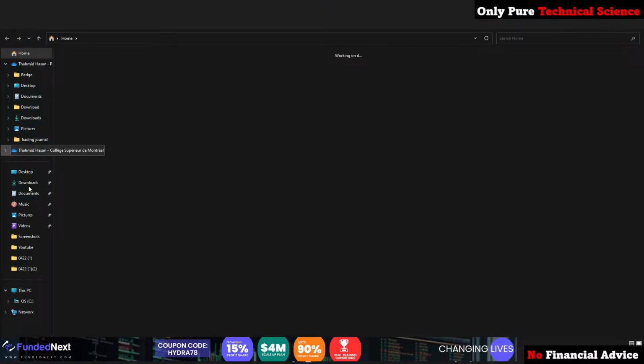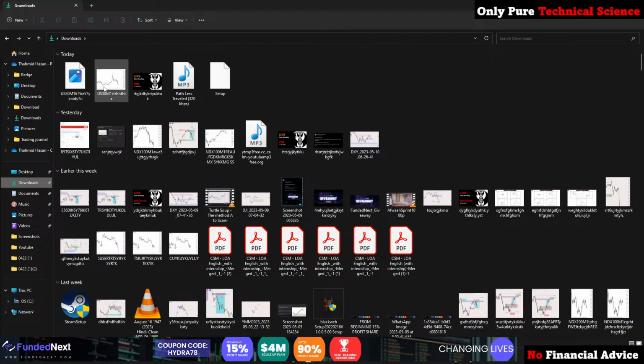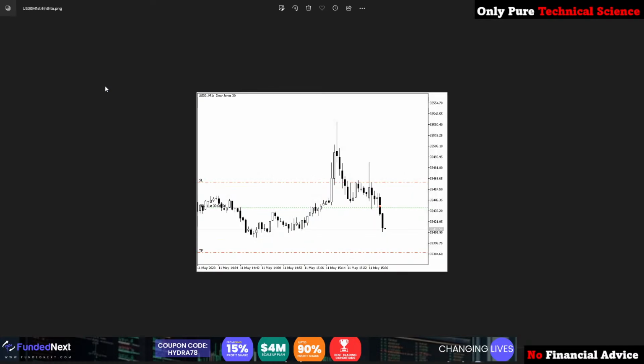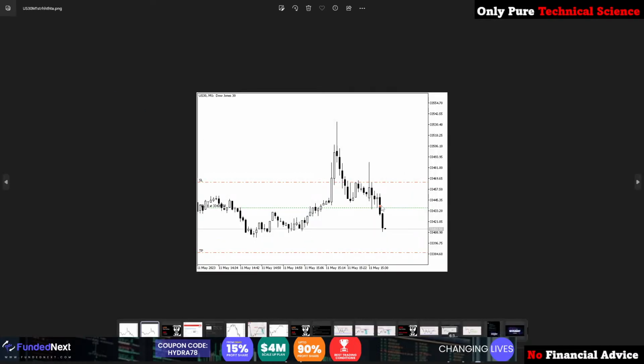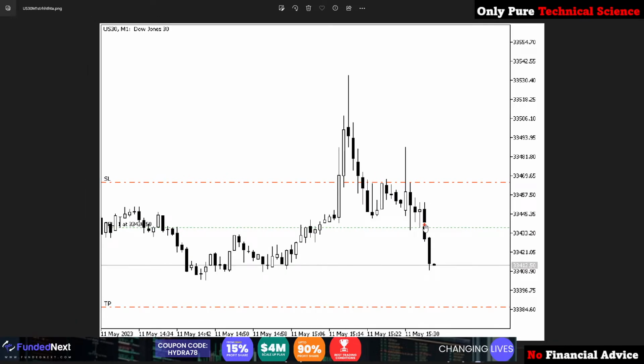So that was the first execution. I entered here, stop loss above the breaker block, below the midway. Target was 2R.